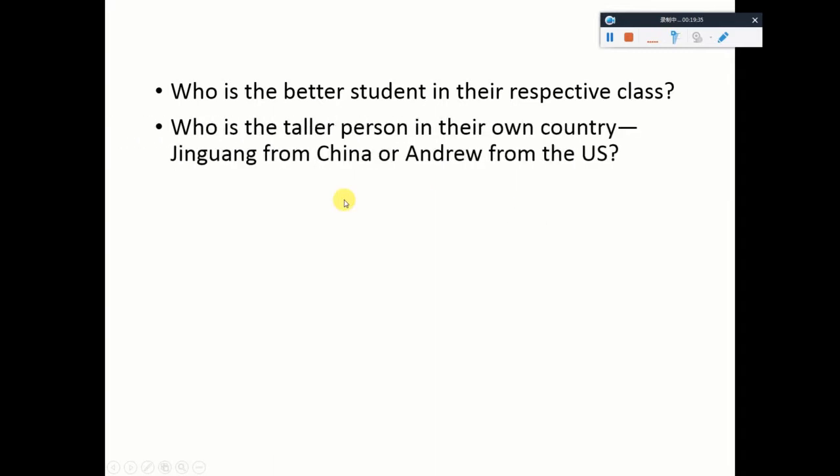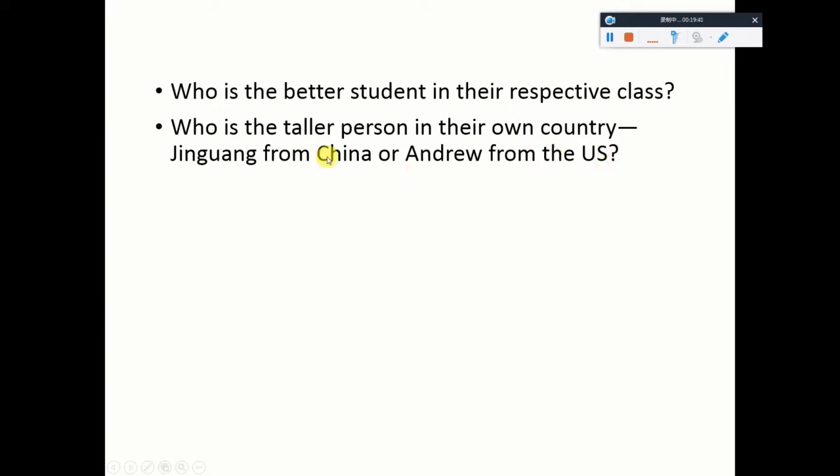So in our daily life, we're making all kinds of comparisons like this. Who's the better student in their respective class? Who's the taller person in their own country, Jingguang from China or Andrew from the US?